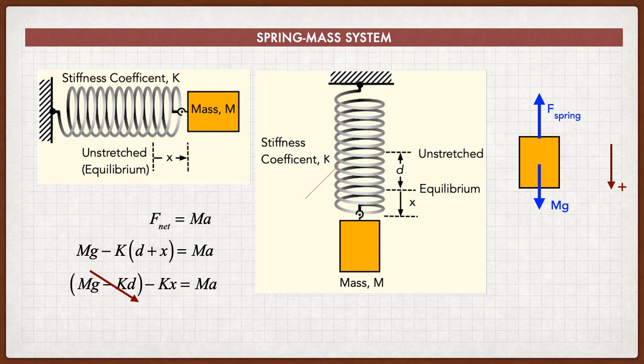In equilibrium, the force up, Kd, equals the force down, mg. So, quack, quack, quack, mg minus kd must be 0. Solving, we get the acceleration a is the opposite of k over m times x.